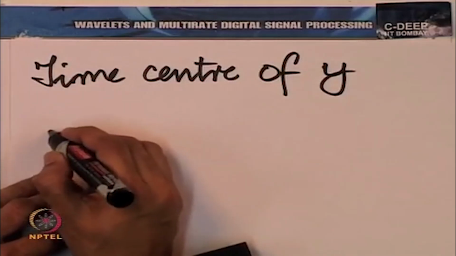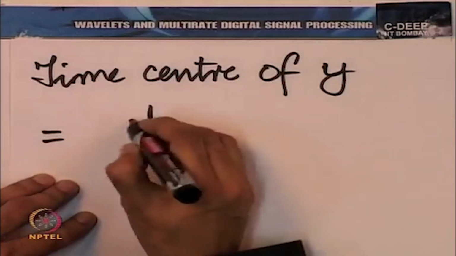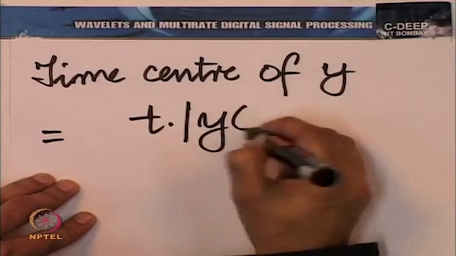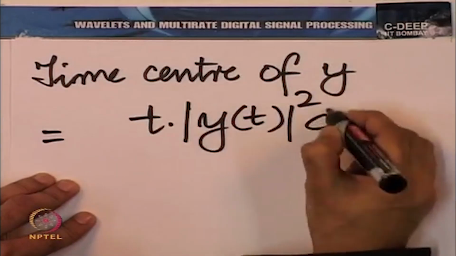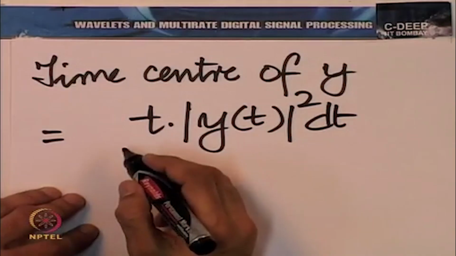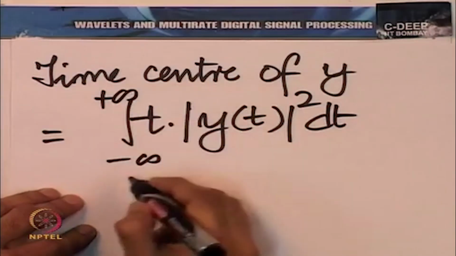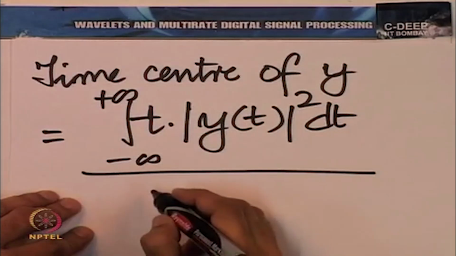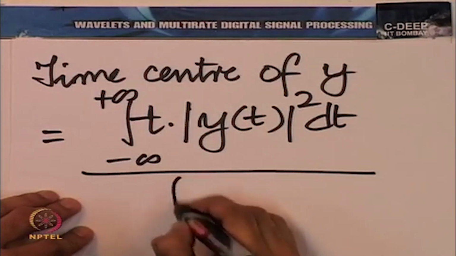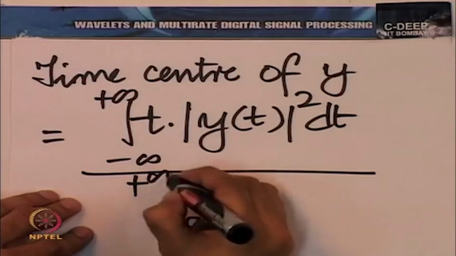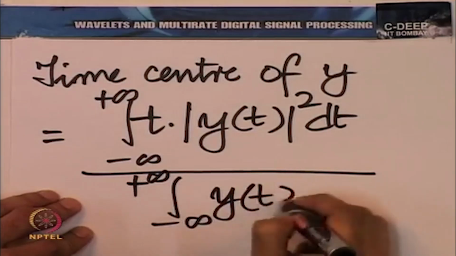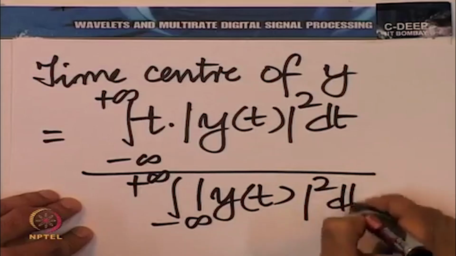The time center of y is going to be given by the integral of t times mod y t squared dt divided by the integral of mod y t squared dt.